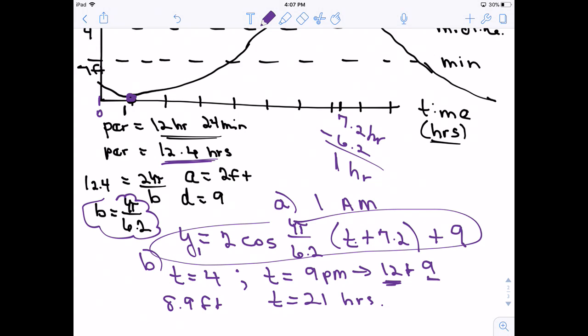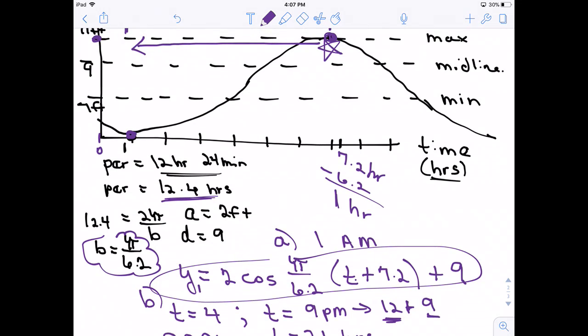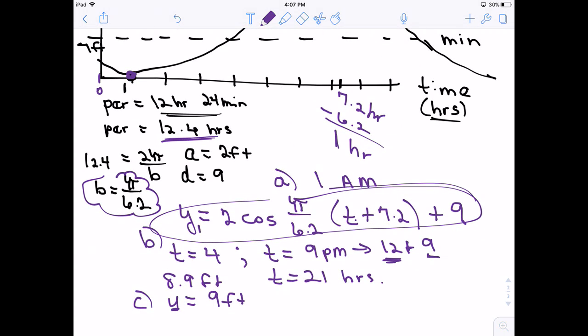Now the last one, letter C, that's definitely where you have to use your Desmos or, I'm sorry, I keep saying that, graphing calculator. What is the first time on Labor Day that the water's at 9 feet tall? This is where you want to know when it's 9 feet deep. So you would use your graphing calculator and find the intersection between the function right here and this right here, so this would be y1, this would be y2.